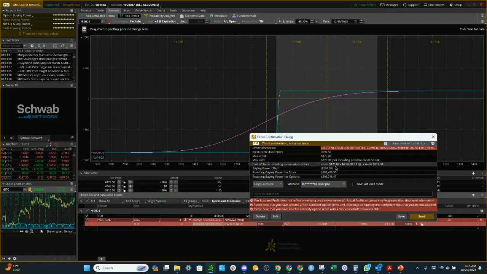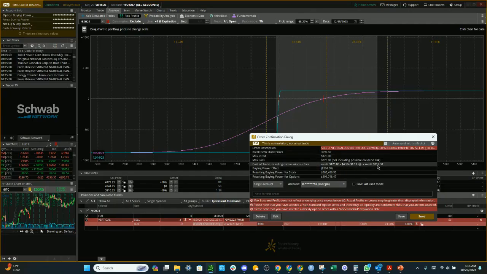So we're collecting a credit of 125, but we also pay a commission fee of 4.50, and then this is the NFA fee plus the exchange fee, plus another Globex exchange fee. I don't really understand the Globex one. Why are these separate? I don't get it. Anyway, the NFA is the National Futures Association, so the fees have something to do with them. In the end, we will collect $119.38 out of the 125.